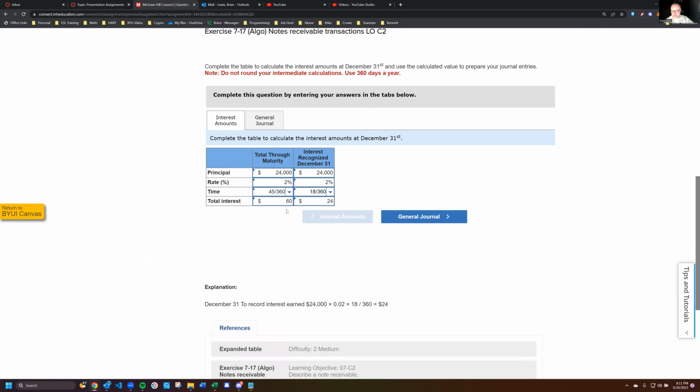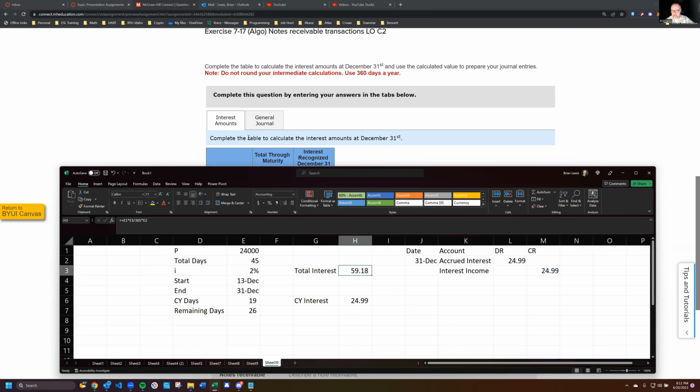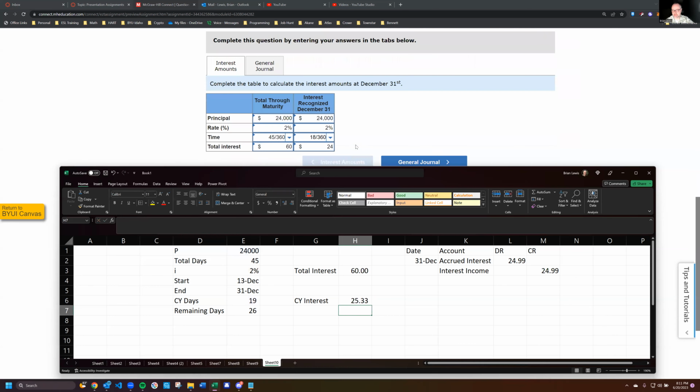Nope. See, they use 360. So using 360, we would have to change this to 360, and we'll change this to 360. Okay, so now we should be pretty close. Okay, so we got the first one right.